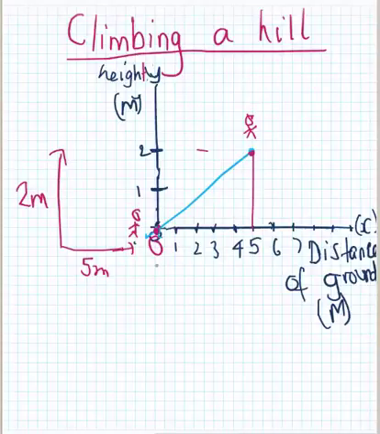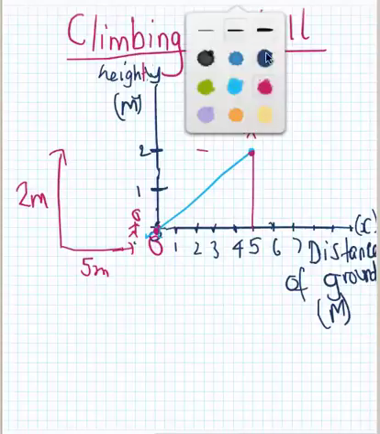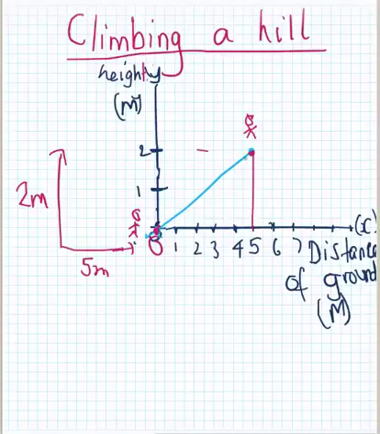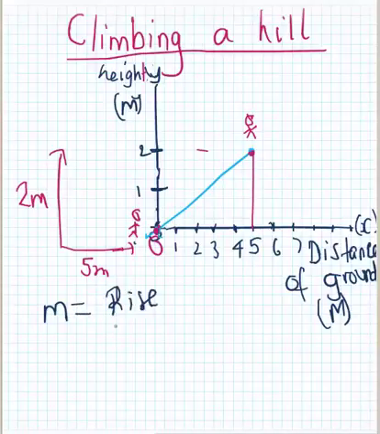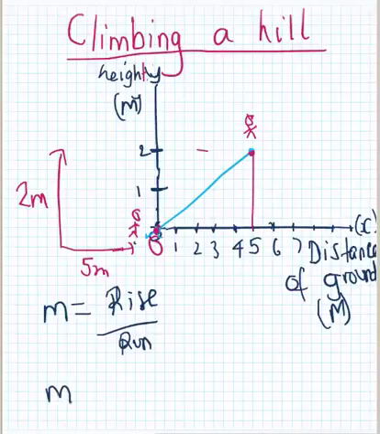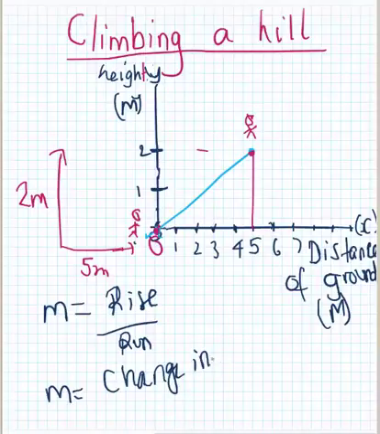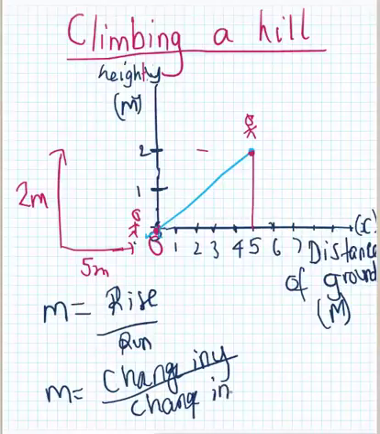And to calculate the gradient, that will be our next step, to calculate how steep this line is, how steep this hill is. Gradient, which we know m is the gradient, is equal to rise over run. Or another way of saying it, gradient is change in y, so focusing on the y-axis, over change in x.